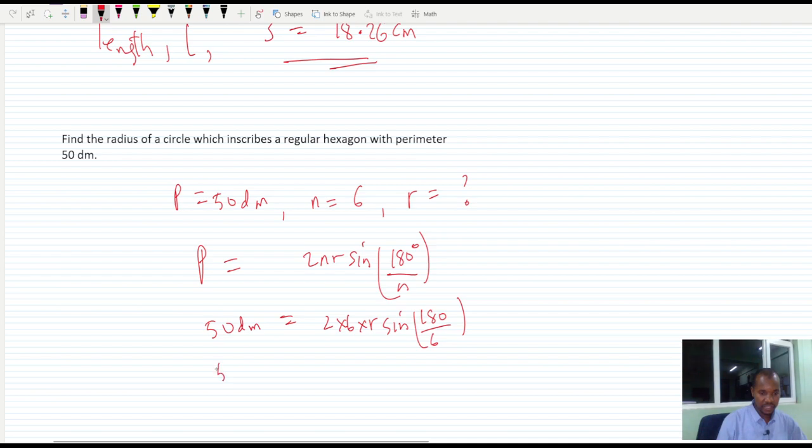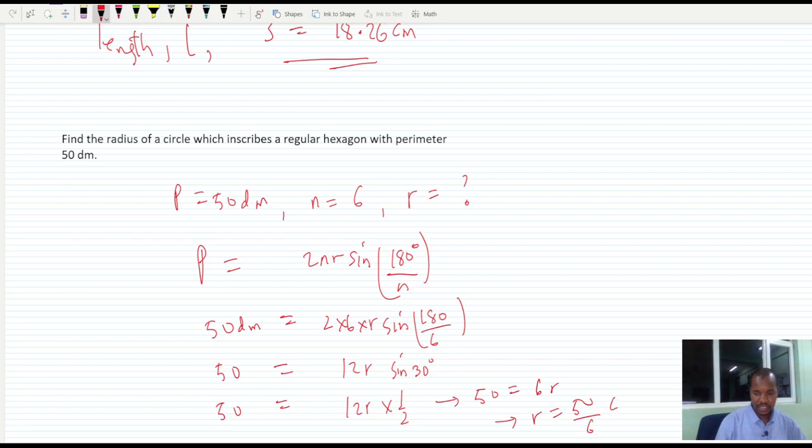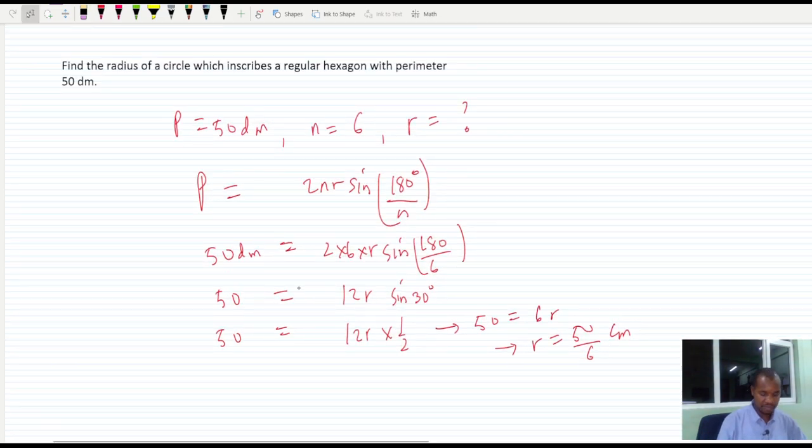We'll have 50 equals 12r times sine 30 degrees, and sine 30 is a half. So 50 equals 12r times a half. Eventually, 50 equals 6r. You simplify, radius will be 50 over 6 decimeter. To simplify further, radius will be 25 over 3 decimeter. This is also decimeter, dear colleagues.